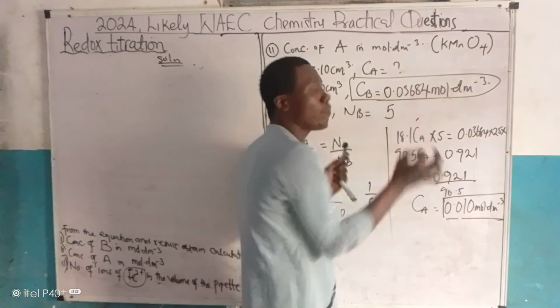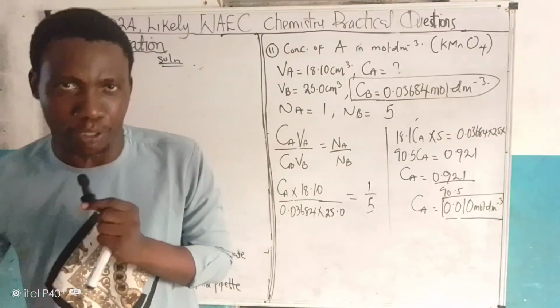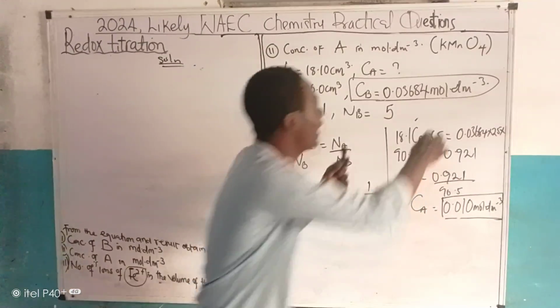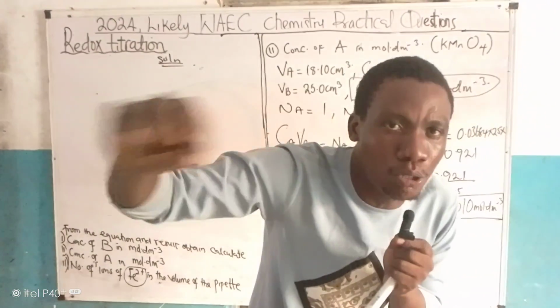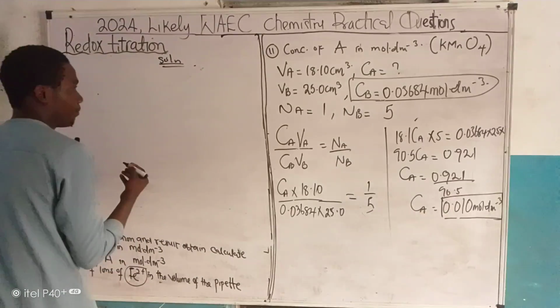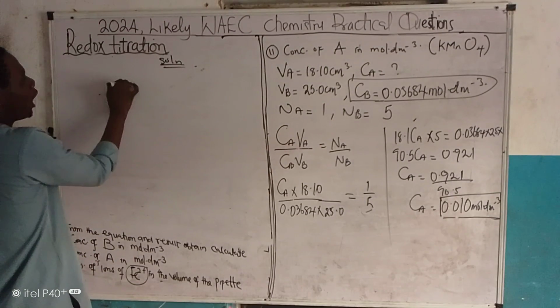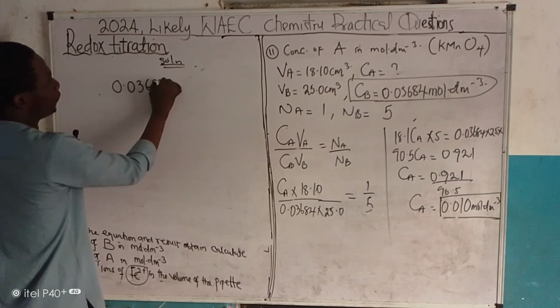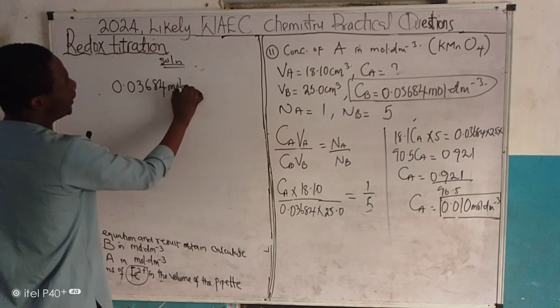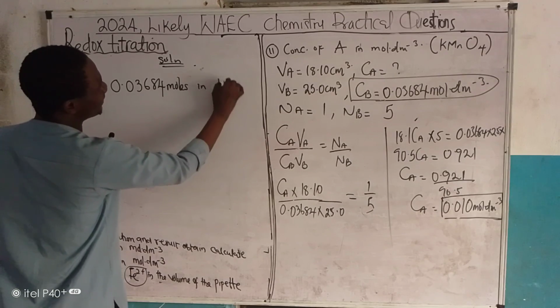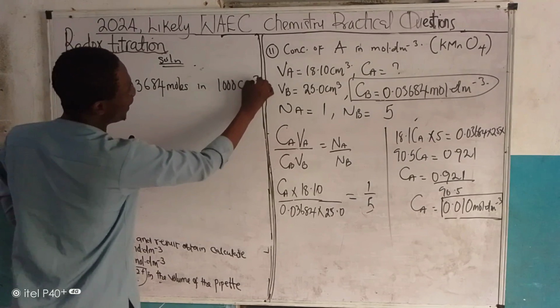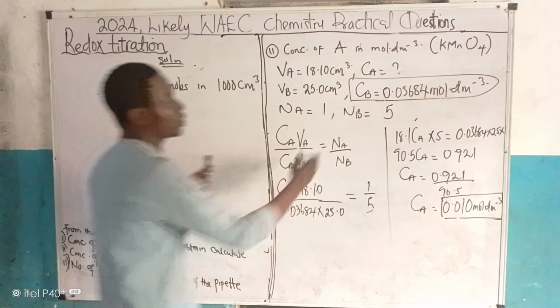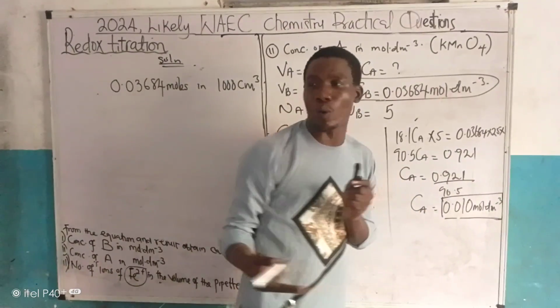It means the number of moles in 1000 cm3, because per dm3 means 1000. So we can say that we have 0.03684 moles in 1000 cm3. That's what we have, because when you see this per dm3 it means 1000.